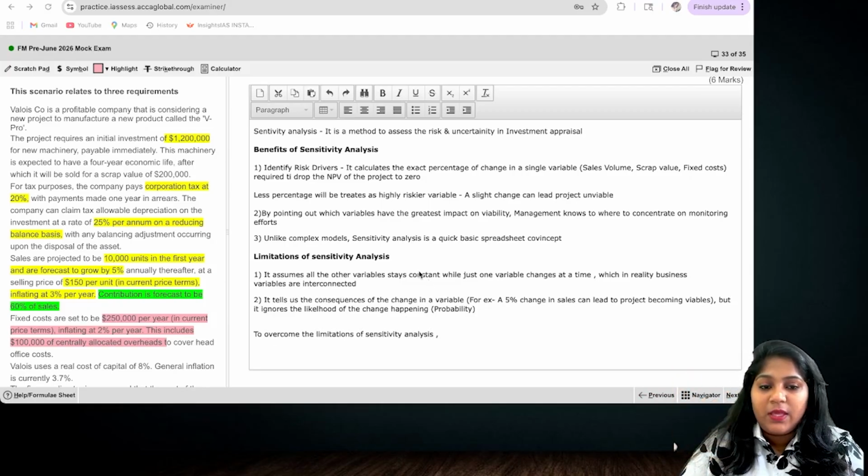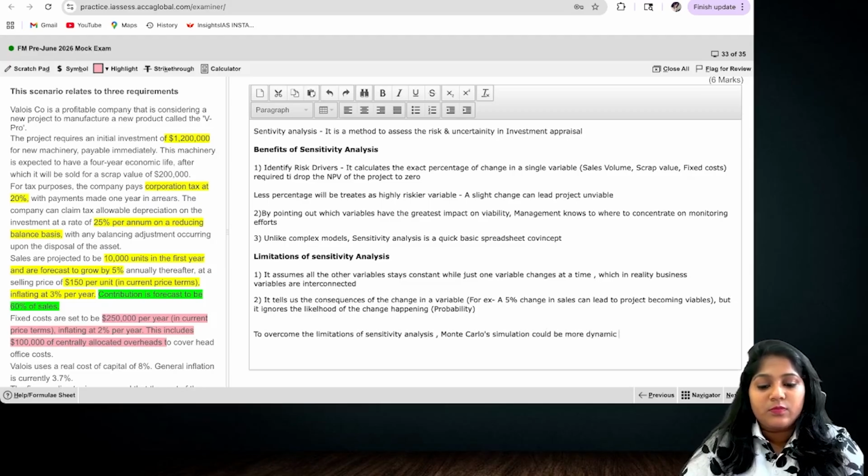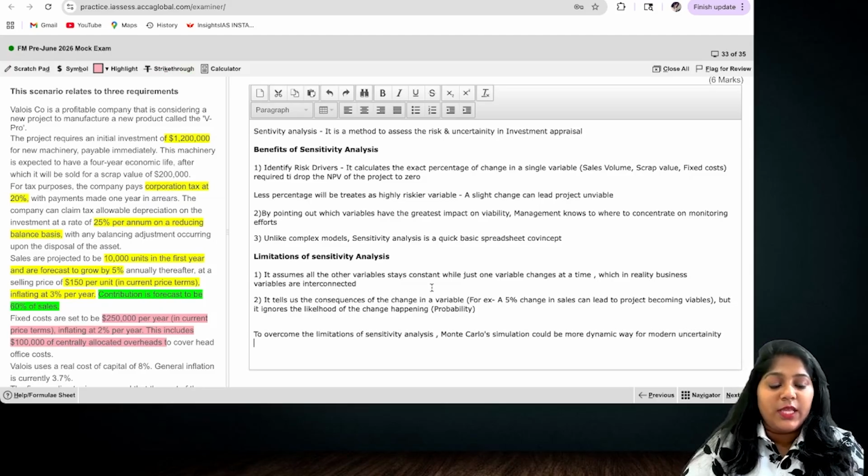Simulation, Monte Carlo simulation, could be a more dynamic way to model uncertainty. Why do you think this is better?